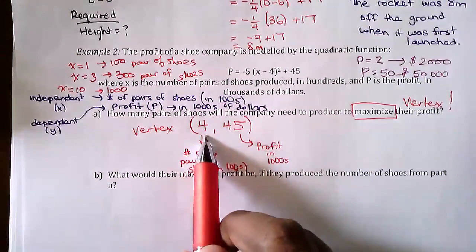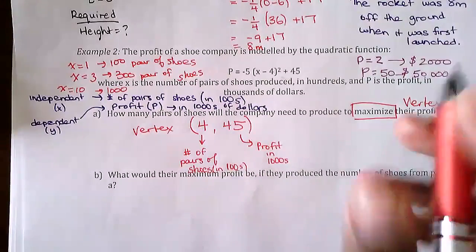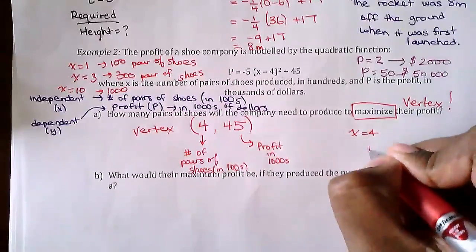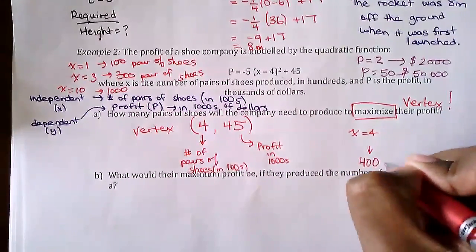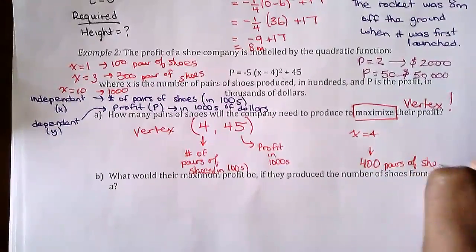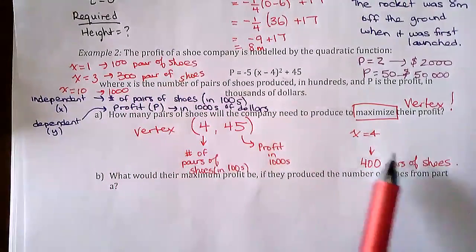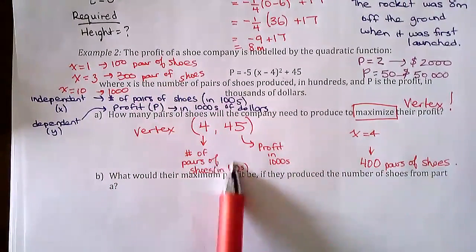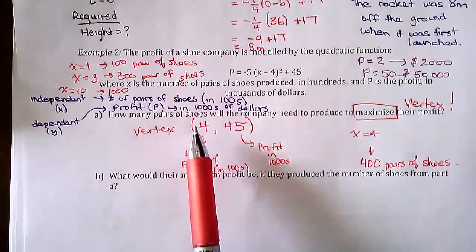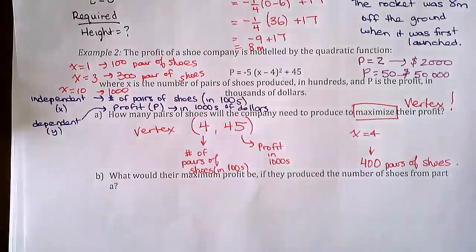Even though our value here is 4, it's number of pairs of shoes in hundreds. So even though x is 4, we know that this translates to 400 pairs of shoes. The x represents a number, but the unit represents hundreds of that number. So if it's 4, we've produced 400 shoes.